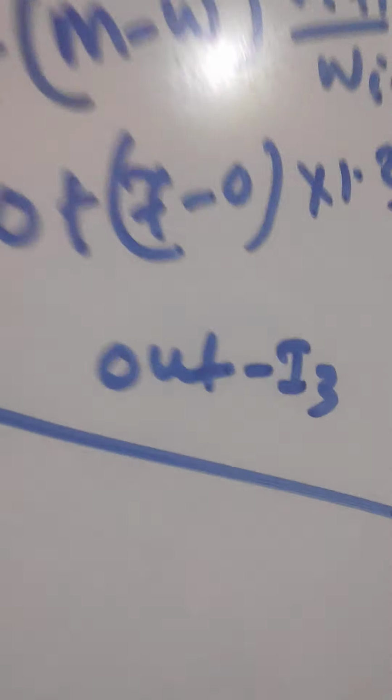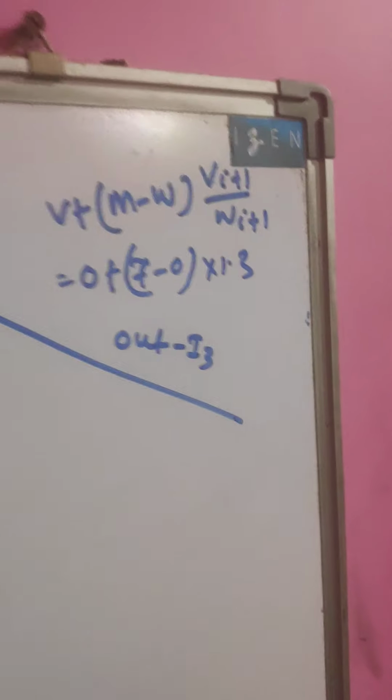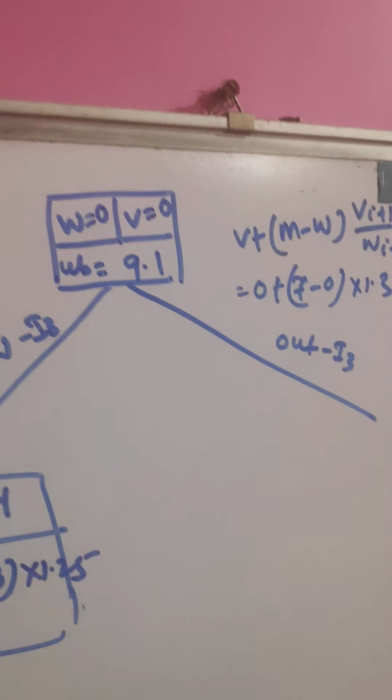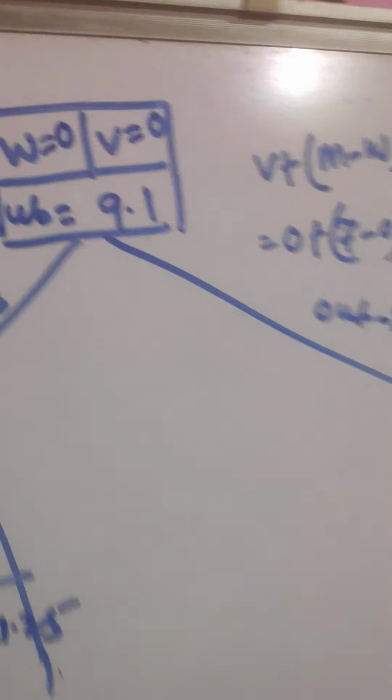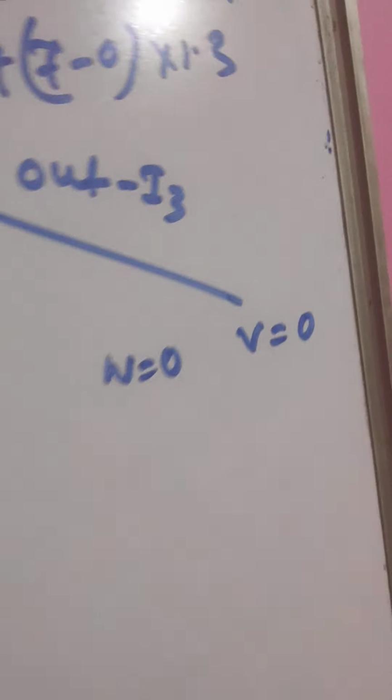What about exclusions here? Out of I3. So weight was 0. V was 0. Upper bound will be changed. What is the formula of upper bound?